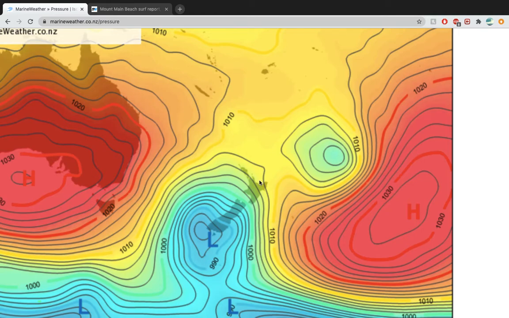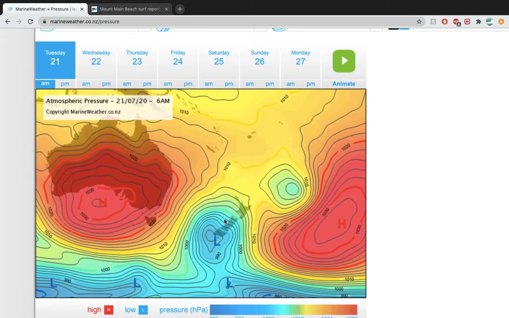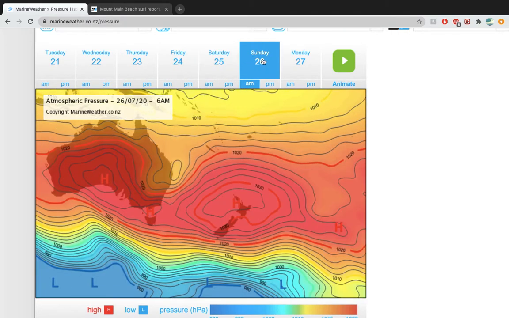They're really useful for surfing in particular, and boating, or they'll give you an idea of what the weather is likely to do throughout the week as well.